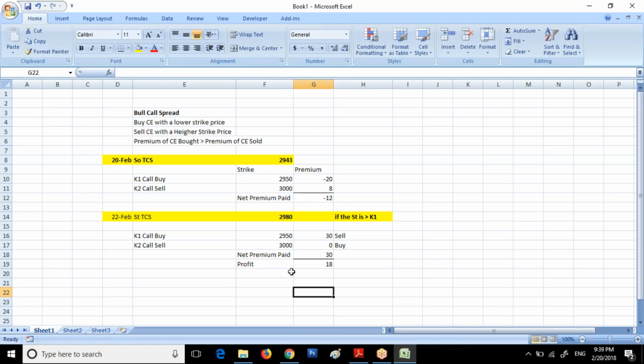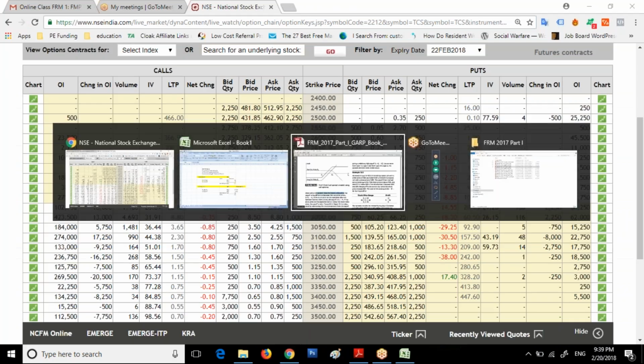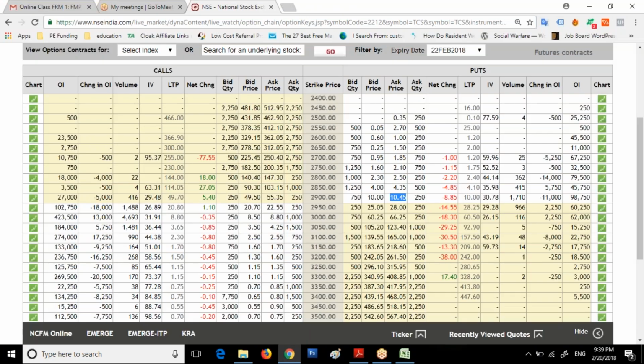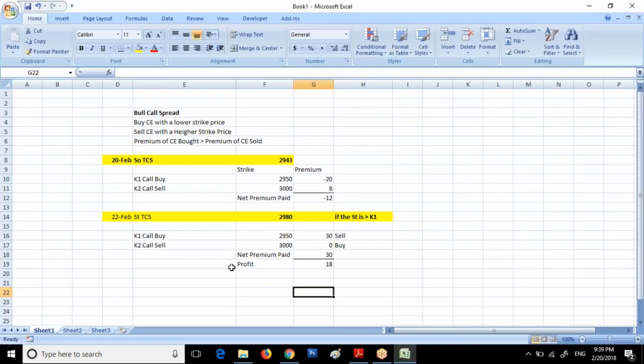As the question says in the example, the net payoff will be the difference between the two strike prices, K2 minus K1. What is the difference between these two strike prices here? 50 rupees. That is the payoff. So payoff and profit are different.